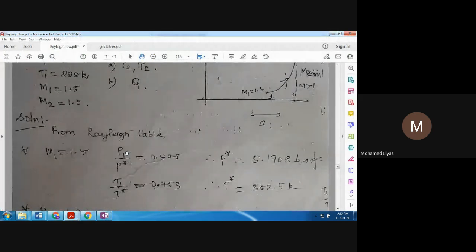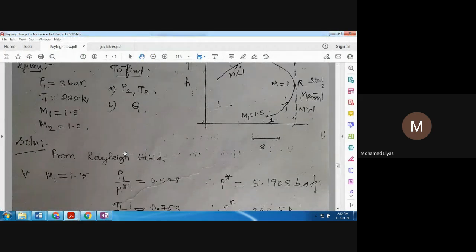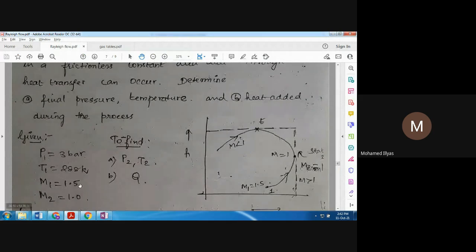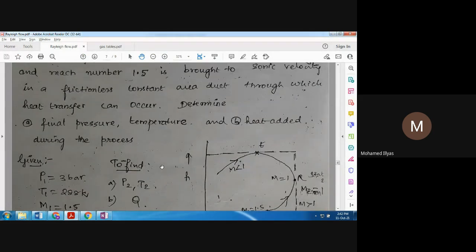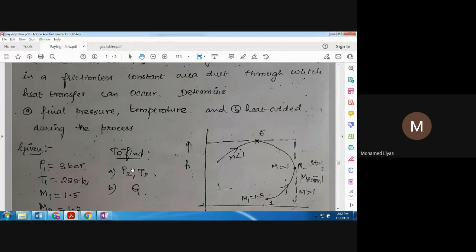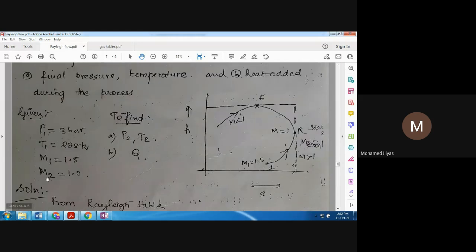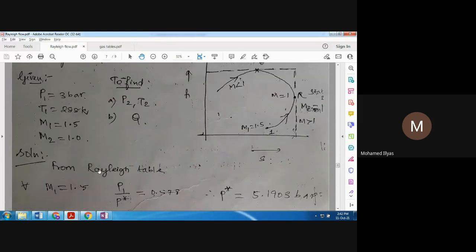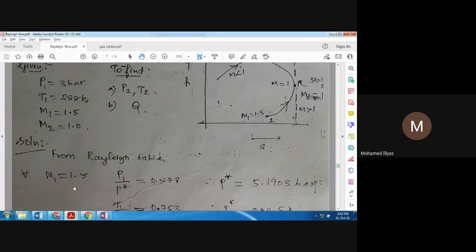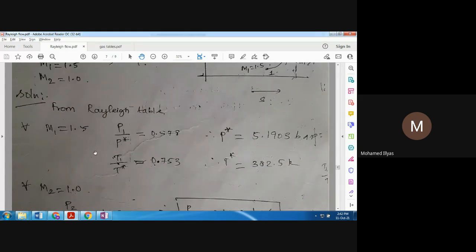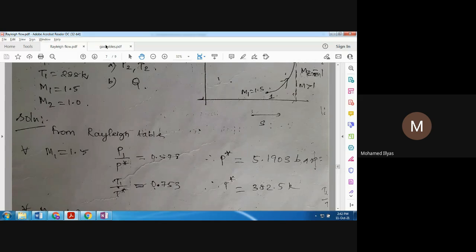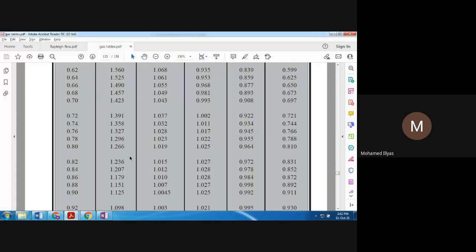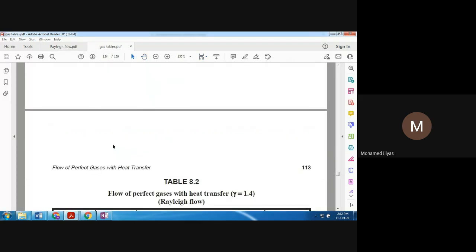Yes. Next, we'll use our table because we have been given the Mach numbers. M1 is 1.5 and it is brought to sonic velocity, meaning M2 equal to 1. We'll use M1 and M2 from the Rayleigh flow table to get the respective properties.